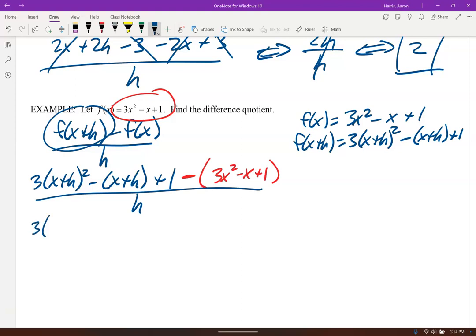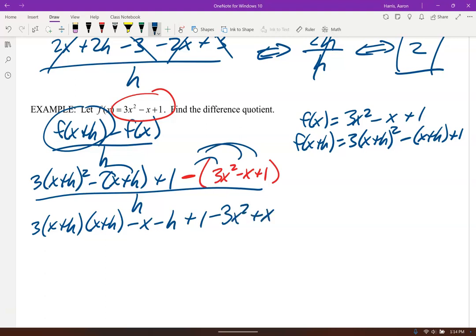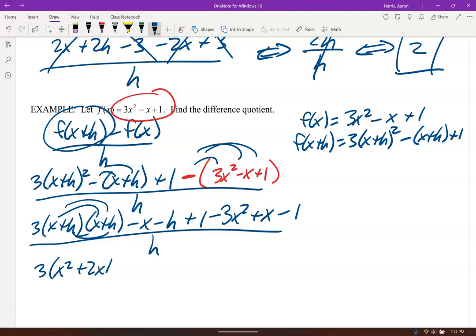Now let's expand this. This is x plus h, another x plus h, minus x minus h plus 1, minus 3x squared plus x minus 1 all over h. Now I'm going to FOIL this, so I'll have 3 times x squared plus xh plus xh is 2 of those xh's plus h times h is h squared.